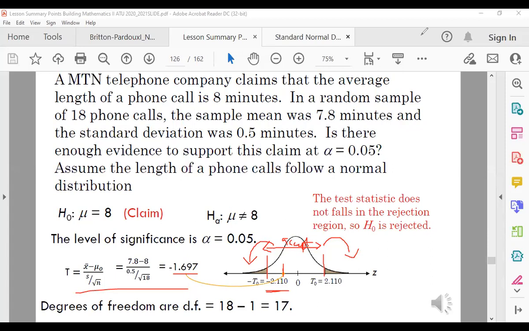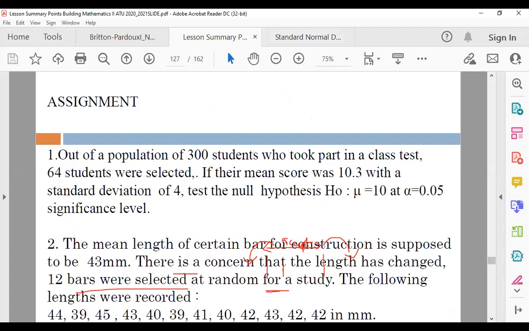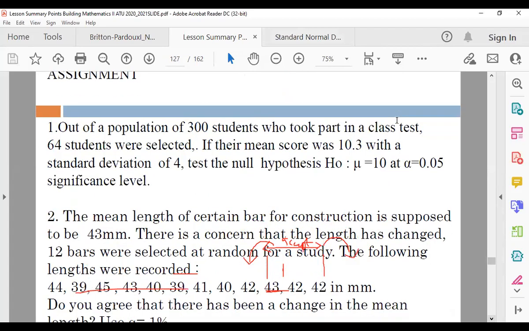Okay. So the next thing we want to look at is to examine what we mean by confidence intervals. But before that, there is an assignment here which I expect you to do before you come to class next week. Particularly for the second question, the first question is straightforward.